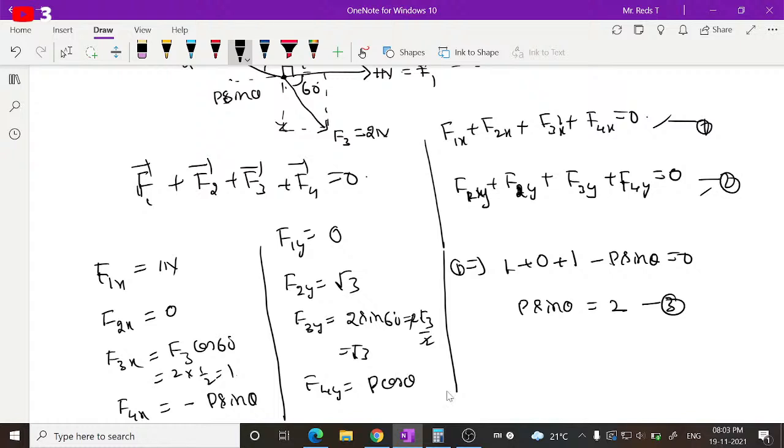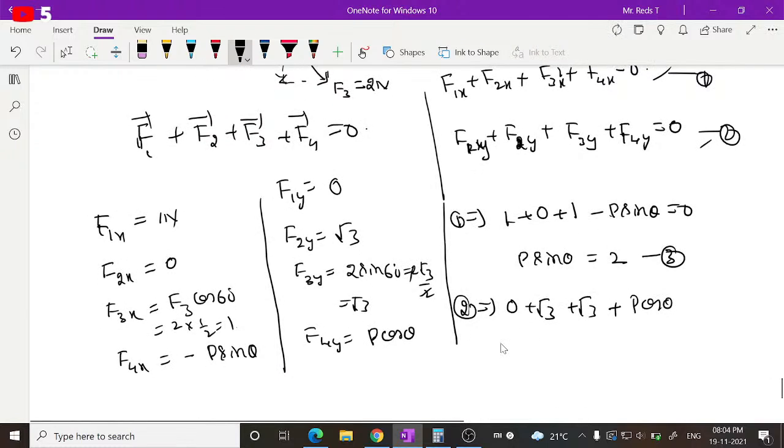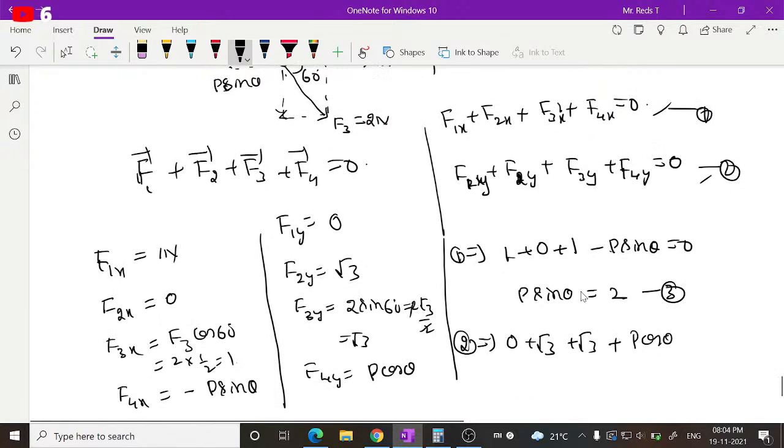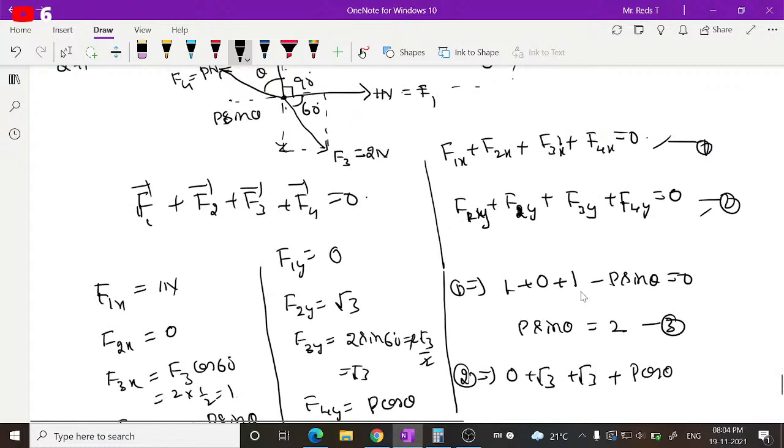So if you substitute all this in the second equation, f1y is 0, f2y is plus root 3, f3y, and for f4y it is p cos theta. Wait, the y component is negative for the third one.